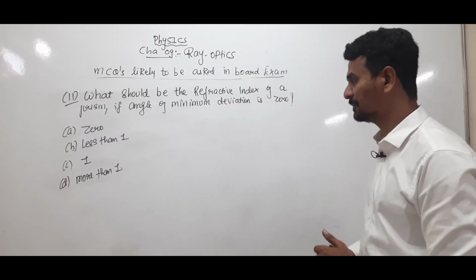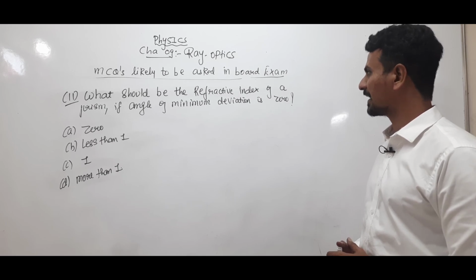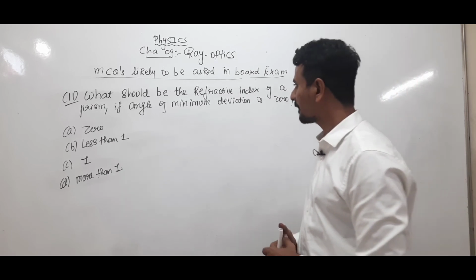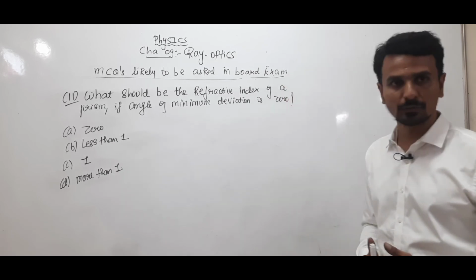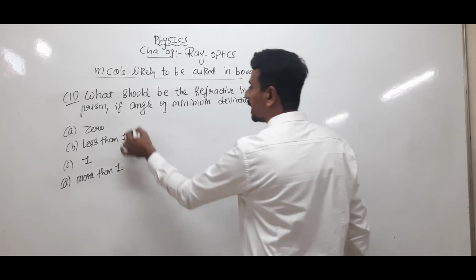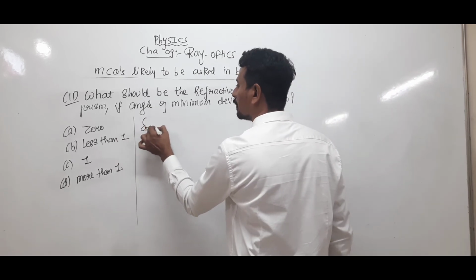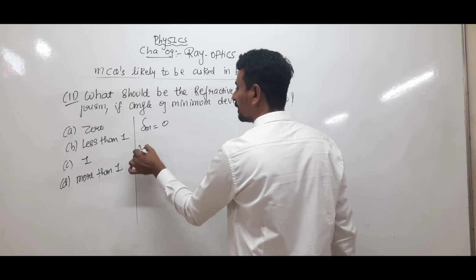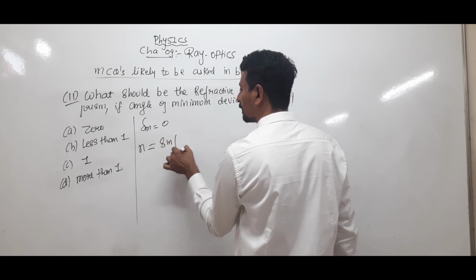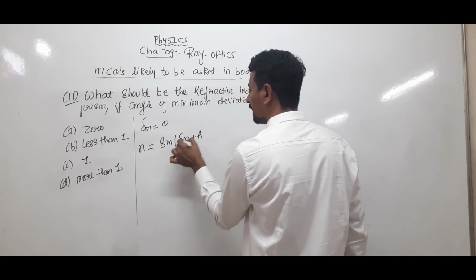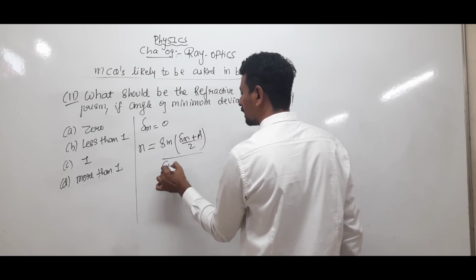Eleventh one. What should be the refractive index of a prism if the angle of minimum deviation is 0? Find, delta m equals 0. For a prism, we have the formula n equals sine of (delta m plus A) by 2 upon sine A by 2.